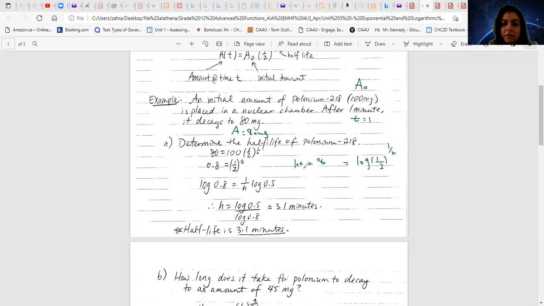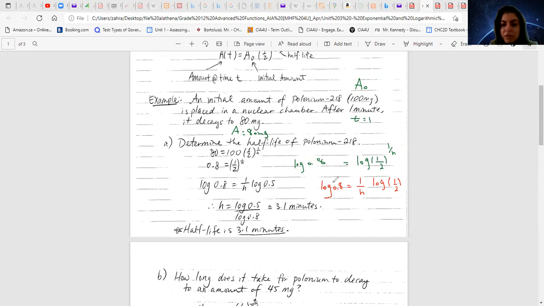Then you say the power comes in front. It's going to be 1 over h in front, times log of 1 over 2, and log 0.8. So I need to rearrange for h.